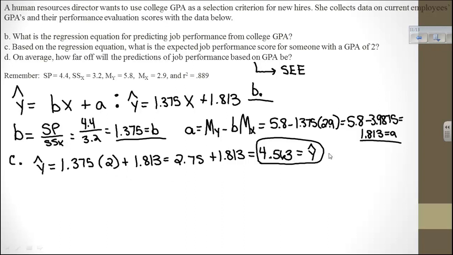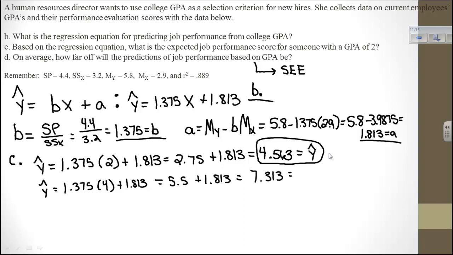I'm going to do a little extra and find, if somebody had a GPA of 4.0, what would it be? So 1.375 times 4 plus 1.813. So 1.375 times 4 gives you 5.5 plus 1.813 equals 7.313 would be their performance evaluation expectation.